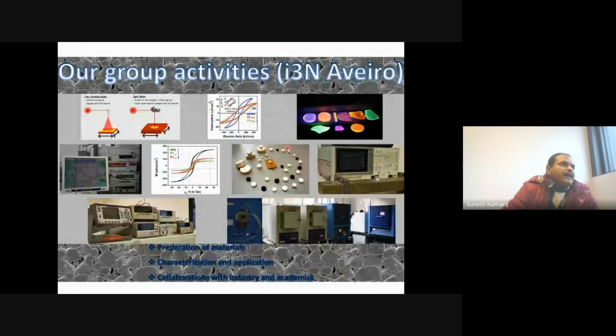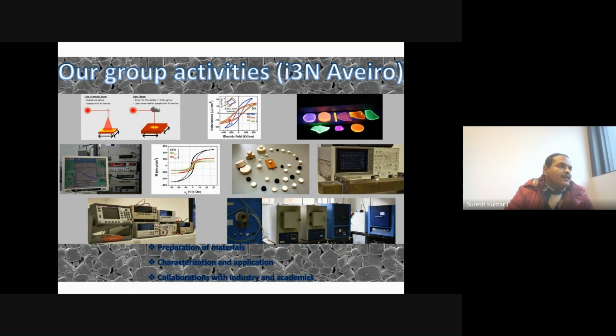Coming to our group activities, we prepare a lot of materials: ceramics, glasses, powders, crystals, etc. We have a lot of facilities, and we do characterizations in dielectric, magnetic, optical, and many more.